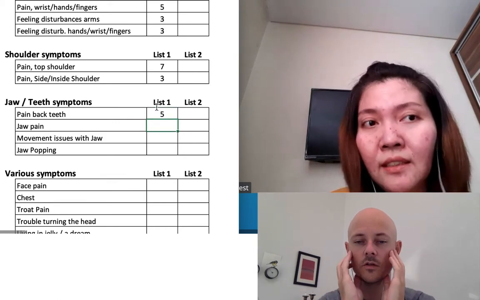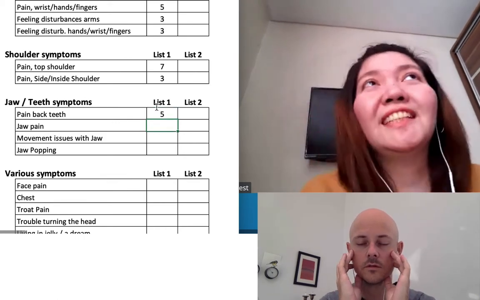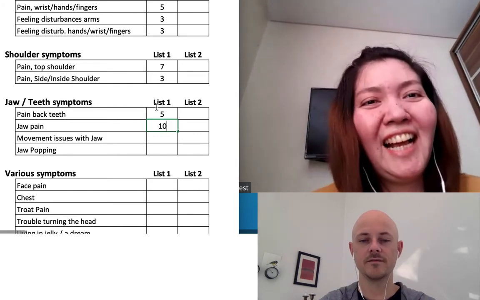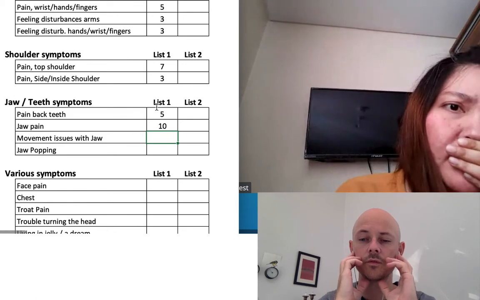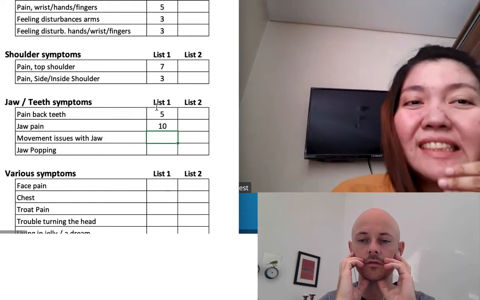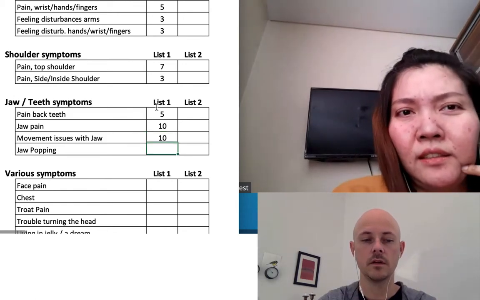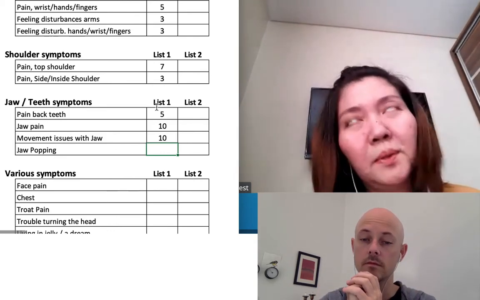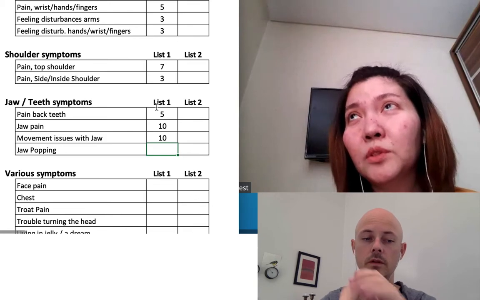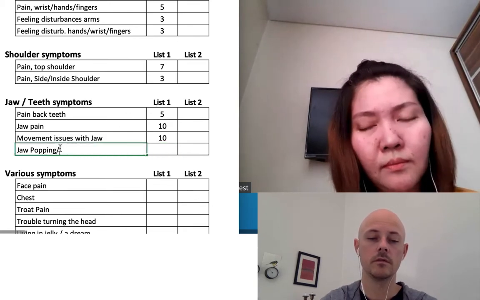And then pain in the jaw. That's a 10. Actually, yeah, 10. And then movement issues with the jaw. 10. Yes. And jaw popping or clicking. 2. Yes.